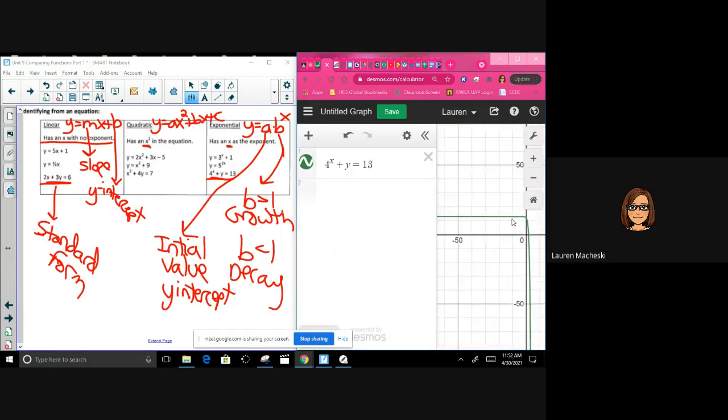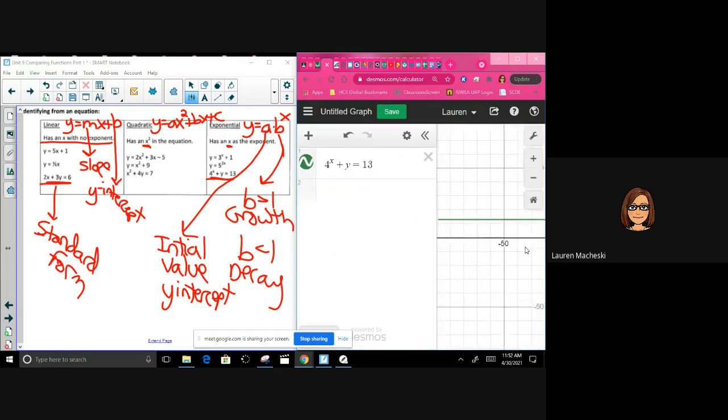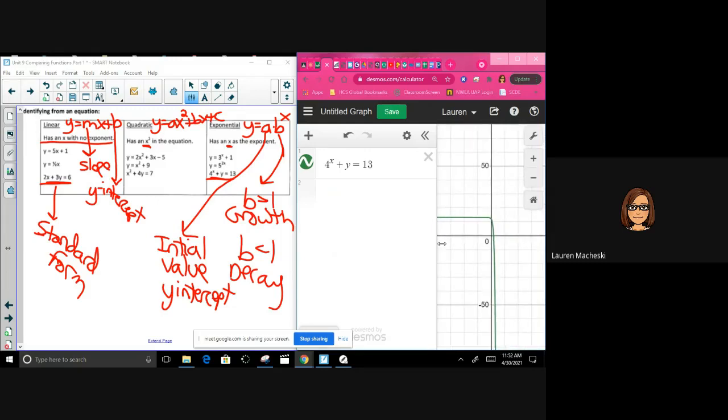And you can see that it kind of makes a decrease. So that's just identifying it from an equation.